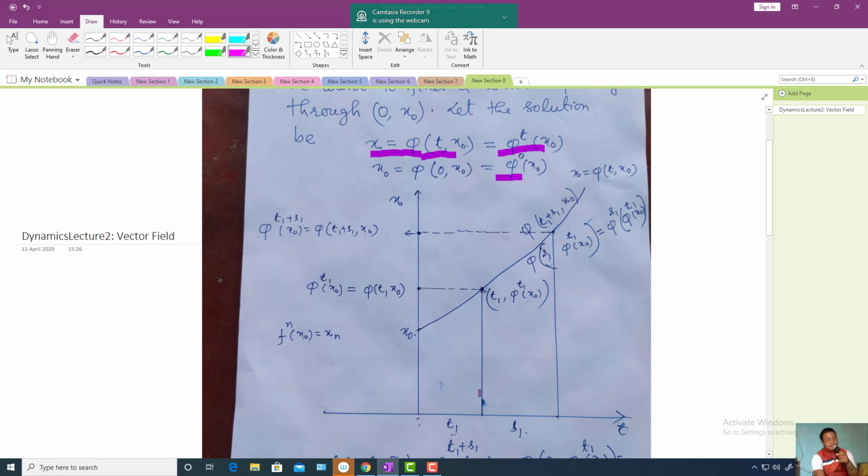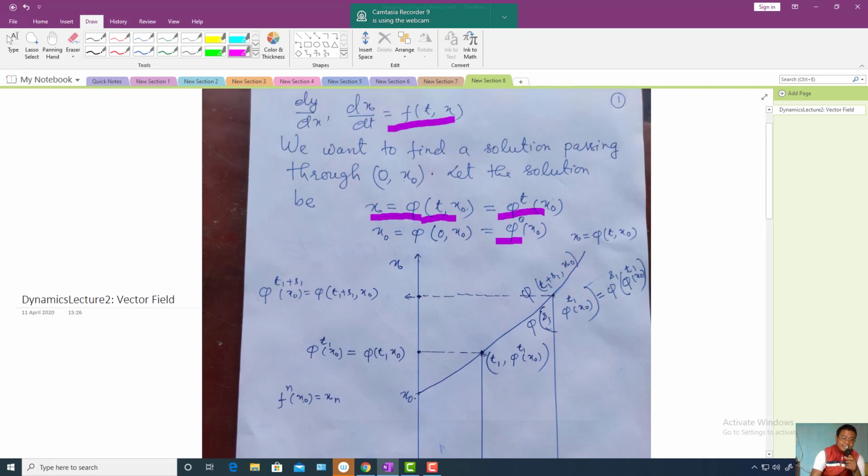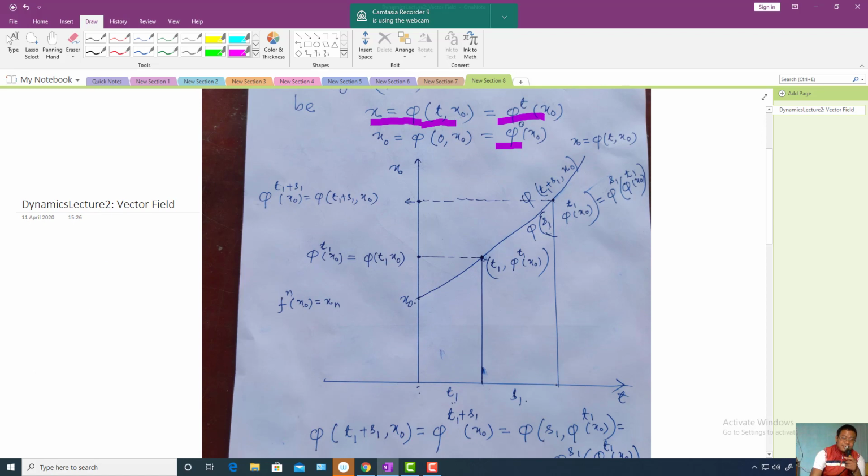You want to find out the population of some species at any time, and the rate of change, that is the derivative, is given by the equation. Just a simple model like that. We want to find out the curve. Suppose the solution curve passes through this point x naught when t is equal to 0. This is your solution curve.